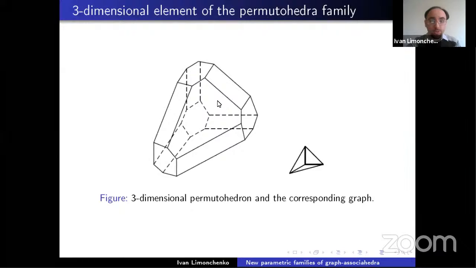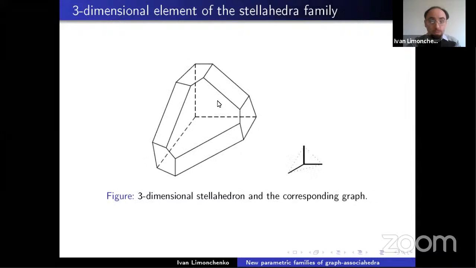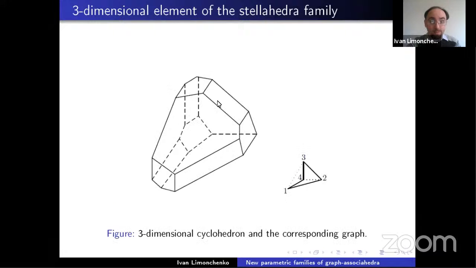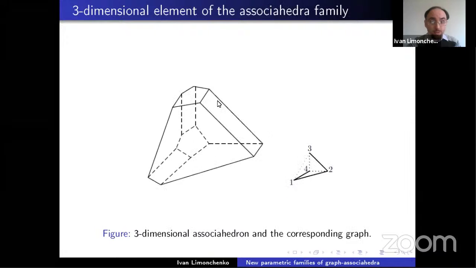Now let me show you some examples of three-dimensional members of these families. Three-dimensional permutahedra. All those stellahedra can be obtained from a simplex by cutting off its faces, as you see. Cut off three vertices and three edges, you obtain a stellahedron. Cut off this, you will obtain a cyclohedron and a Stasheff polytope.